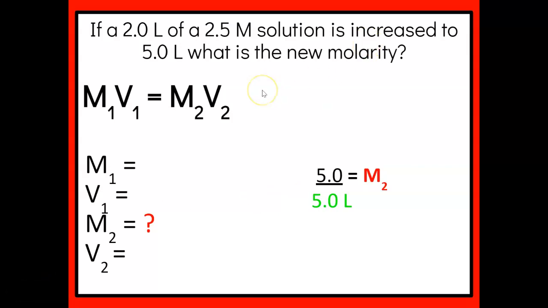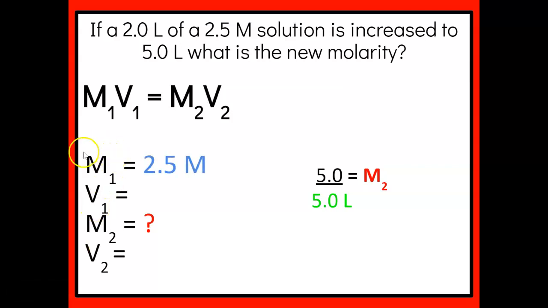So if 2 liters of a 2.5 molar solution is increased to 5 liters, what is the new molarity? Now, just with stoichiometry, when you're doing dilution problems, it's a good thing to write out what you know, okay? So what is our M1, our V1, our M2, and our V2?